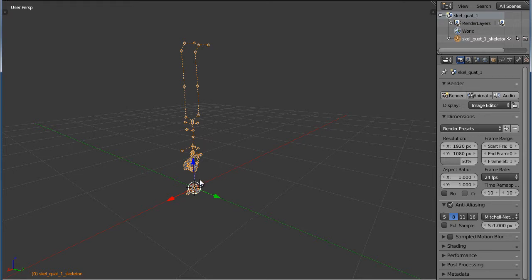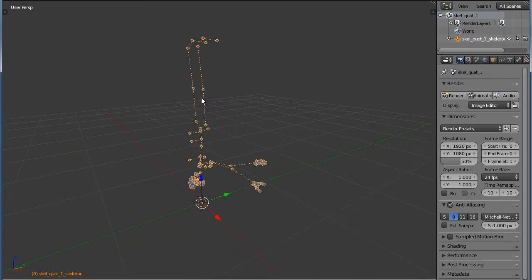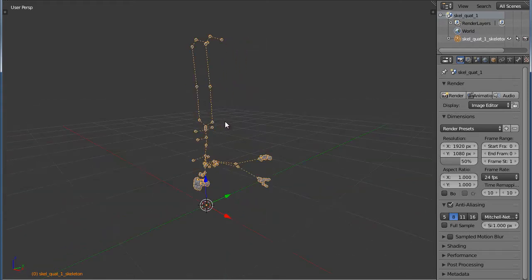Some games and engines have it like X, Y, and Z. Some will have X, Y up and Z here. And this leads to things like this. So we probably just change some components of quaternions and bone coordinates until we get the proper skeleton.